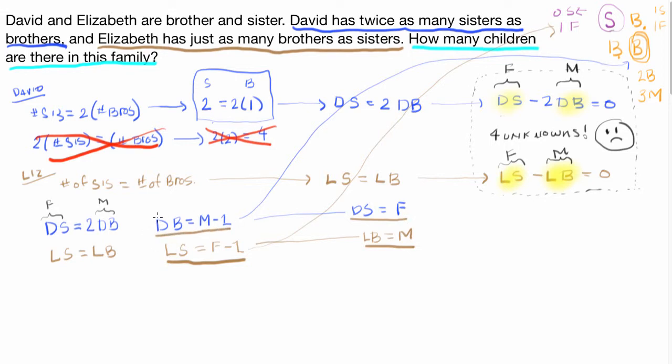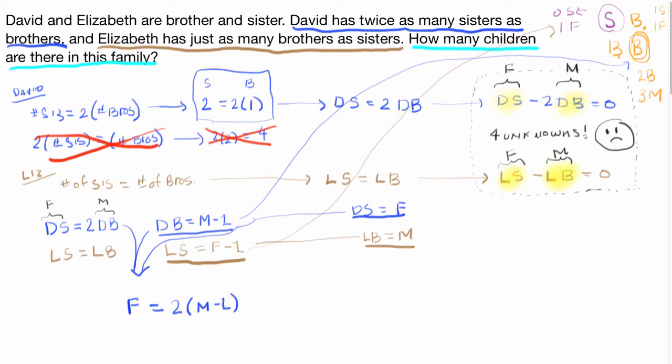Let's keep our colors consistent so you don't get confused any further. Now we can plug them in. So this plus this plus that all become F, equals 2m minus 1.